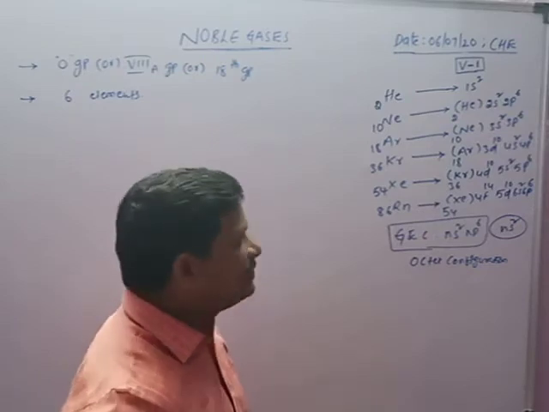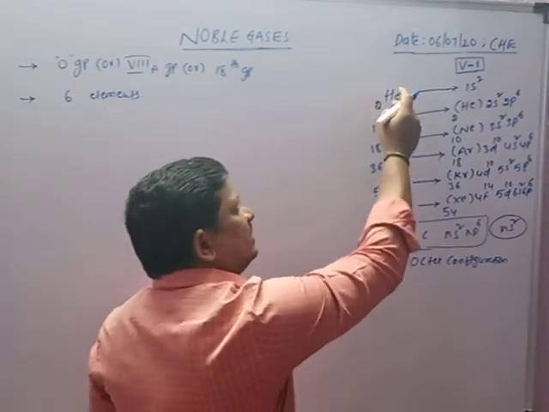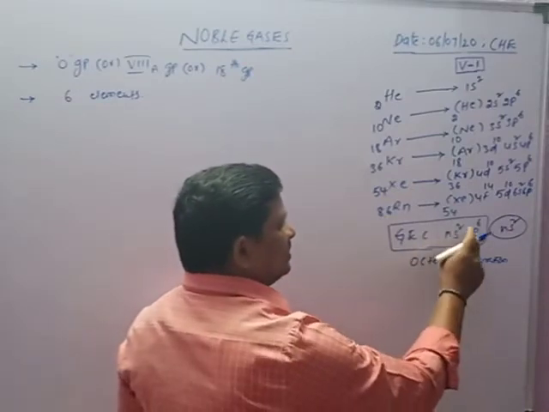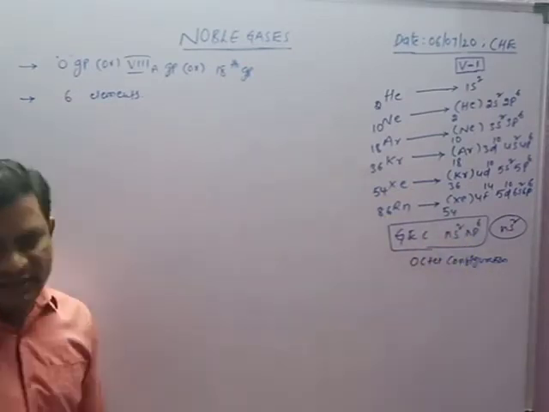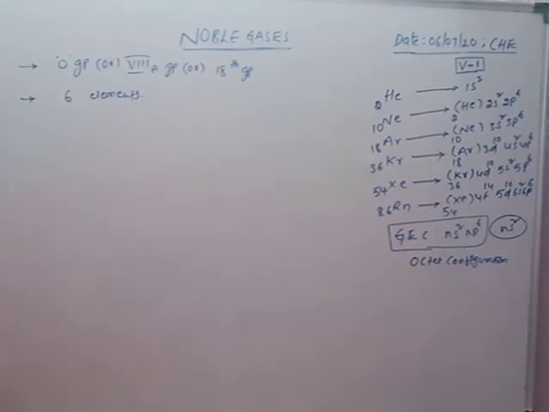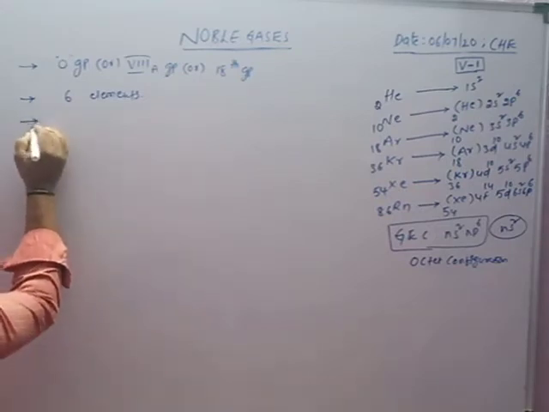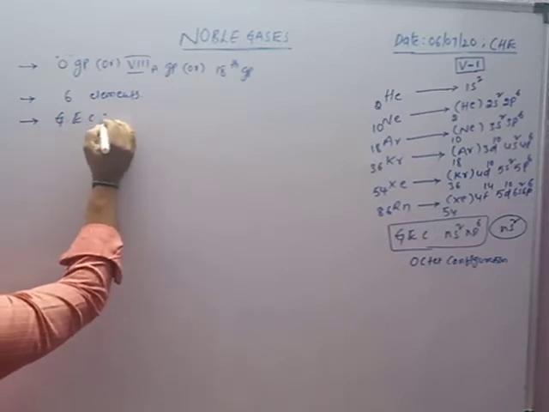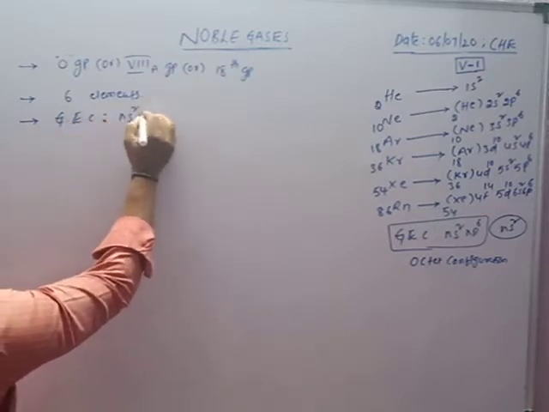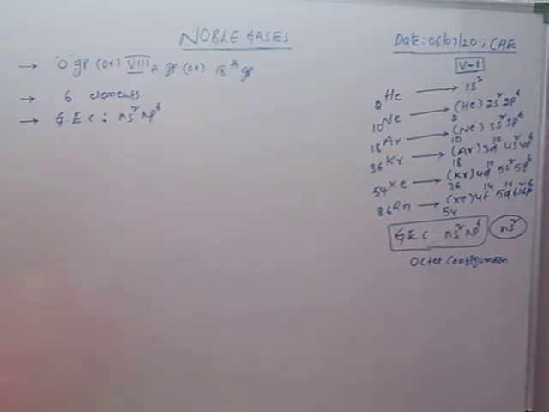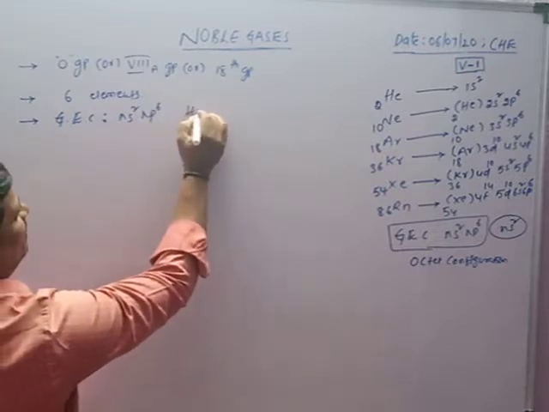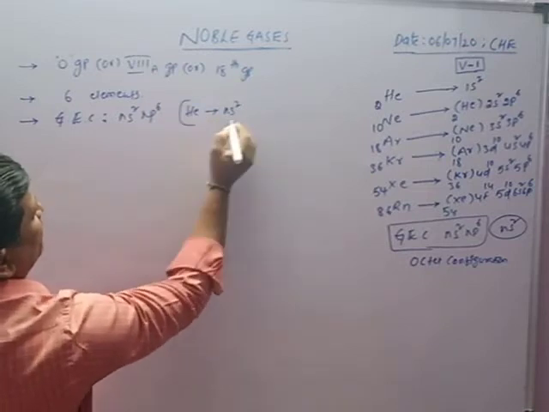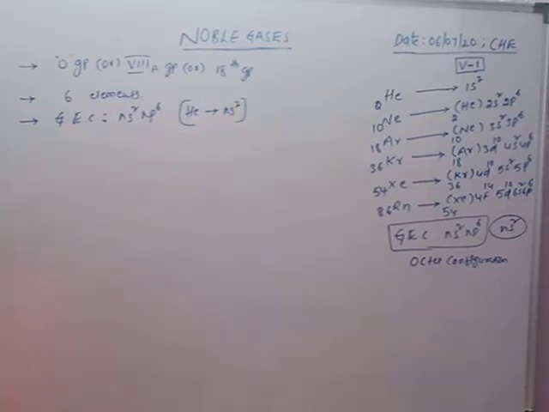So except helium, all the remaining noble gases have the general electronic configuration ns2 np6, and helium is ns2.